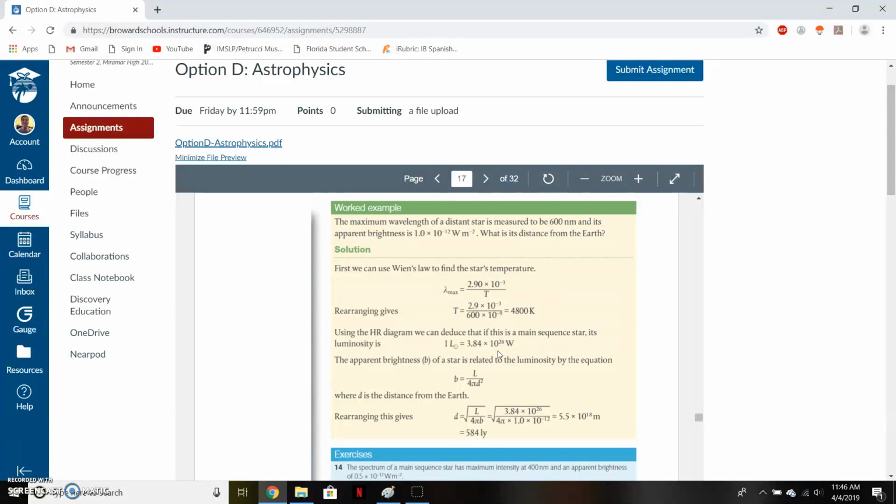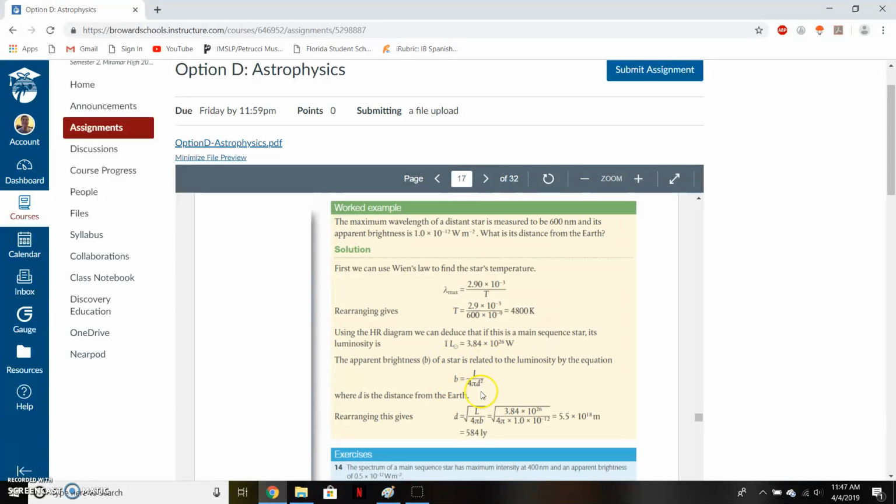Using the apparent brightness of the star, it's related to luminosity with the equation B, apparent brightness, is equal to luminosity over 4 pi distance squared.